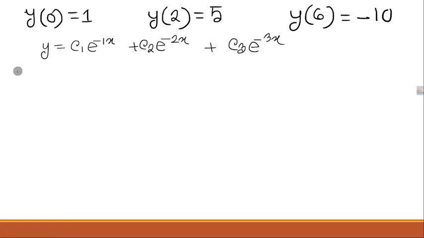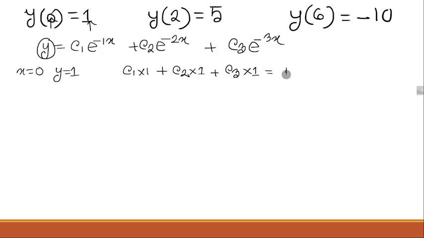When x is equal to 0, y is equal to 1. So c1 e to the power 0, which is 1, plus c2 e to the power 0, plus c3 e to the power 0, and the value of y is equal to 1. It's your first equation.